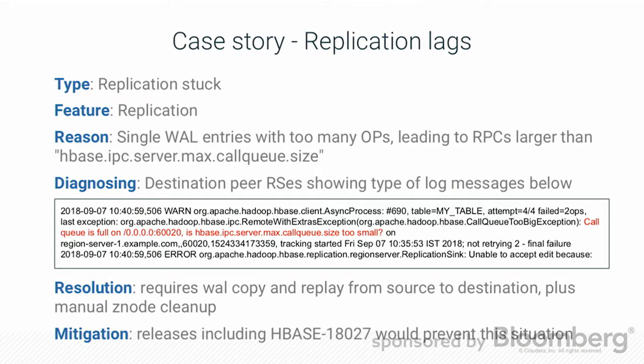Then everything that came after the problem started to be observed, until the fix is applied, needs to be processed manually in the destination peer. This issue is solved by this HBase Jira. So what I recommend is to move to a release that includes this fix, which will avoid this problem completely.